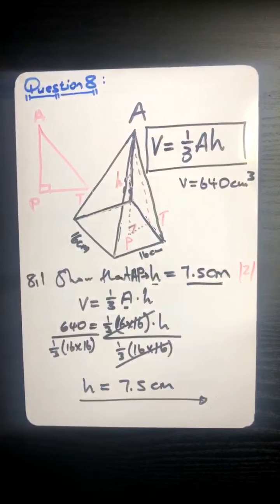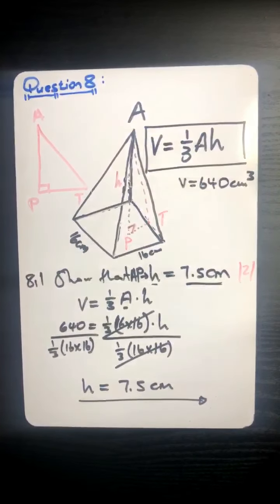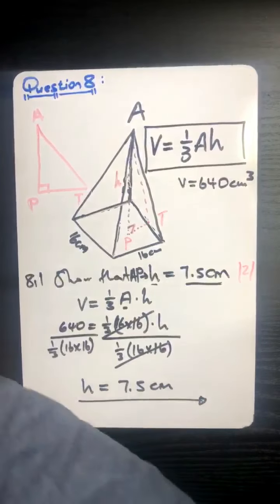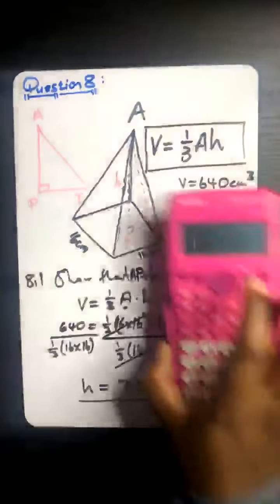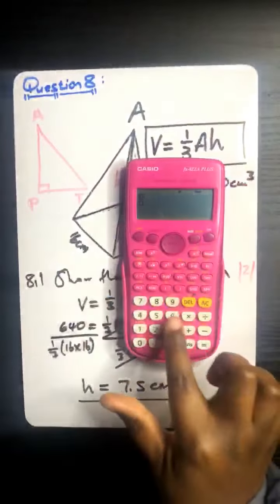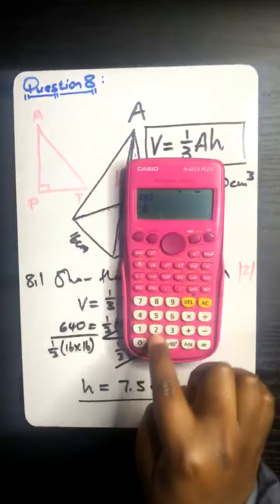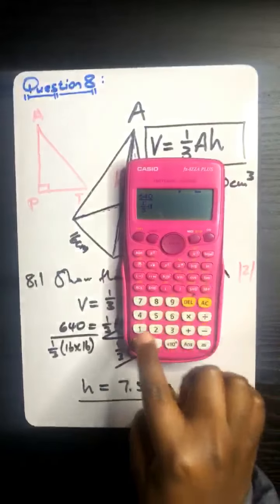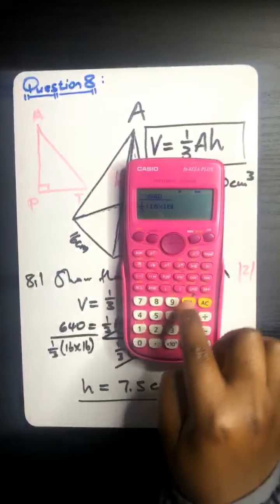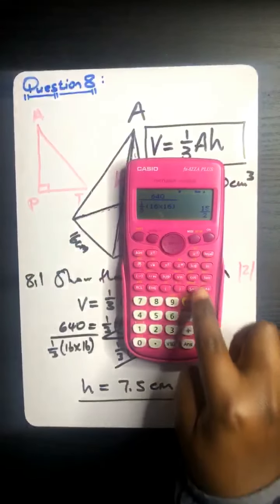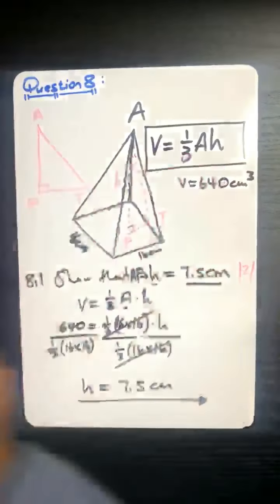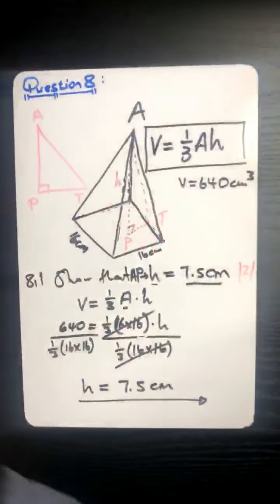What are you getting there? This one I'm going to have to punch myself. I was getting 7.5. I don't trust you guys. 16 times 16. Hey, 7.5. Yes, I'm getting the same answer. Case closed.